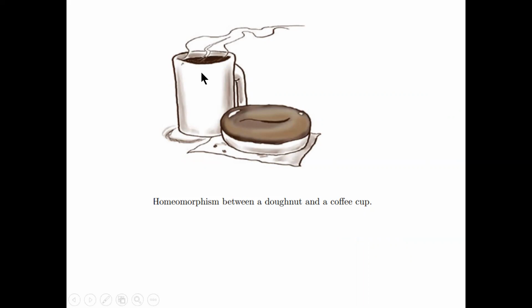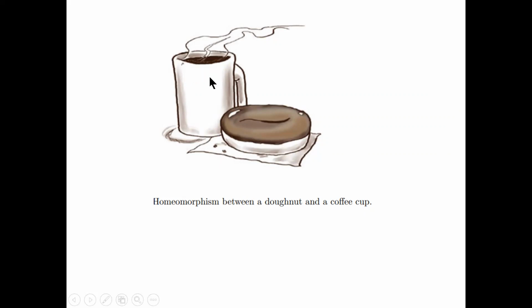This is a coffee mug. Think of it as a collapsible coffee mug, made out of material that you can deform, not a hard material that you cannot deform. Then it turns out that you can deform that coffee mug into this donut.